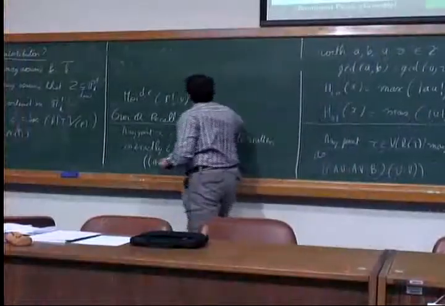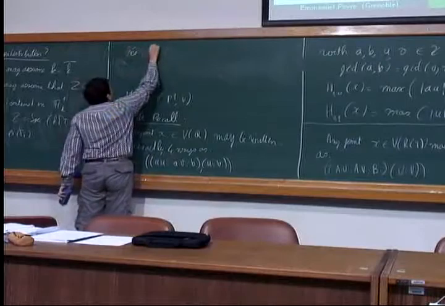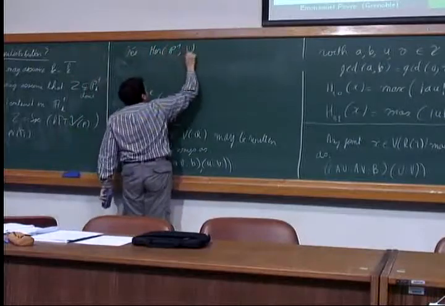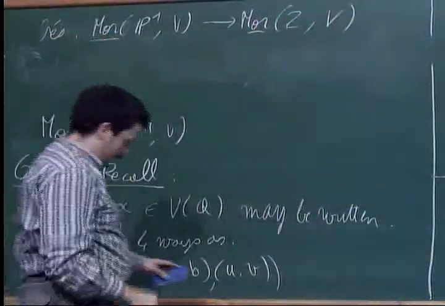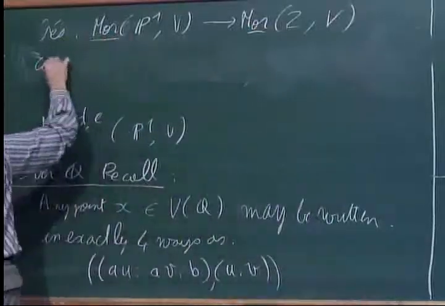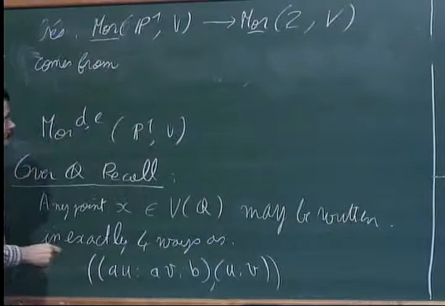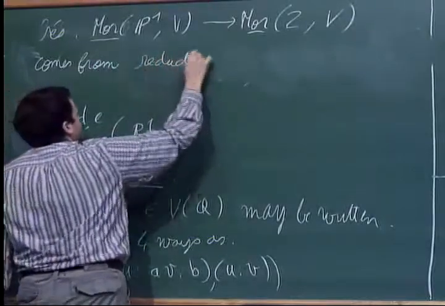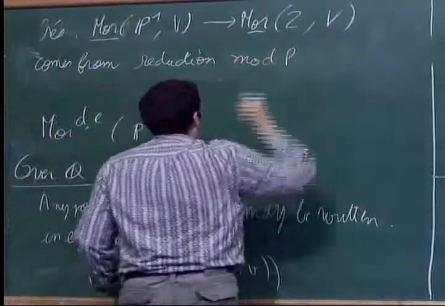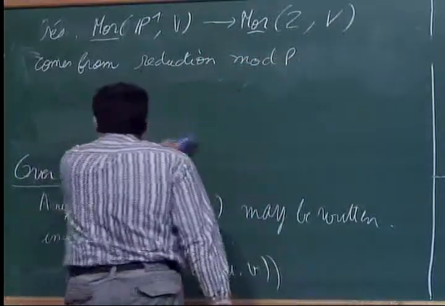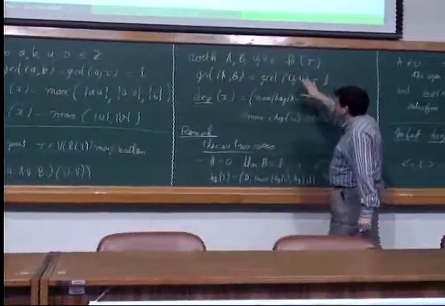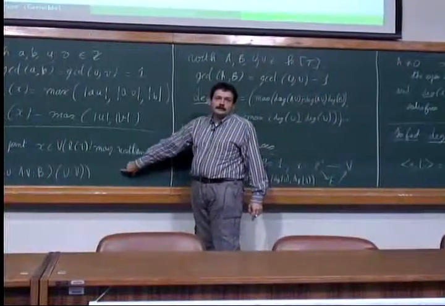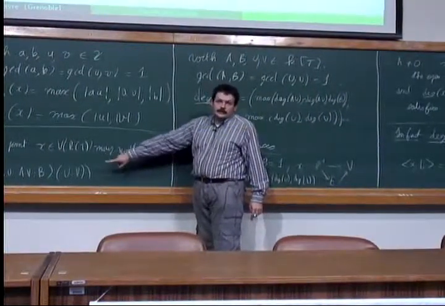Then the restriction map, which goes from the morphisms from P1 to V to the morphisms from Z to V, comes from the reduction modulo P. That is, if I take a point X in V of K(T), which is described as it is here, I simply consider the reduction modulo P of these polynomials.